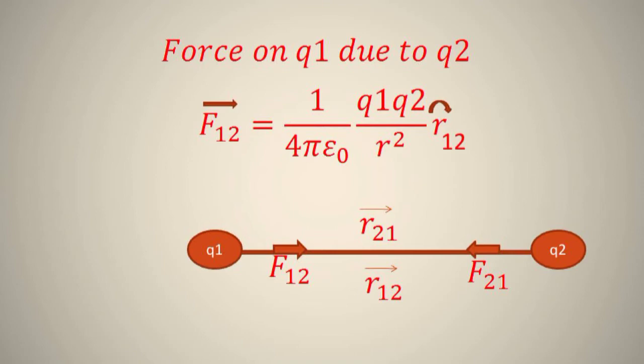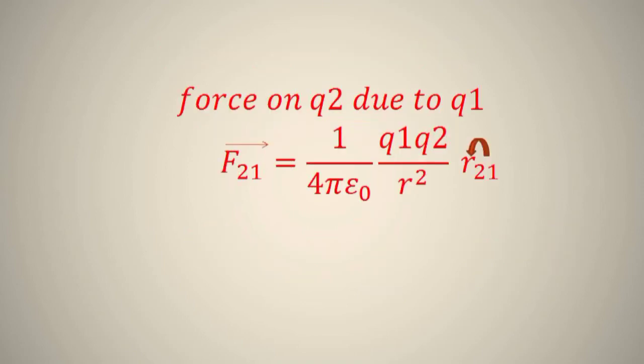Then the force on Q1 due to Q2, F12, is equal to 1 by 4 pi epsilon 0 into Q1 Q2 divided by r square into r12 cap. r12 cap is the unit vector. Force on Q2 due to the charge Q1, F21, is equal to 1 by 4 pi epsilon 0 Q1 Q2 divided by r square into r21 cap.